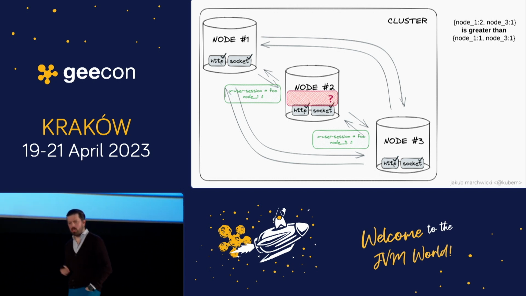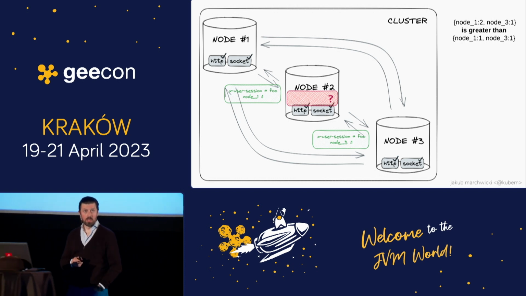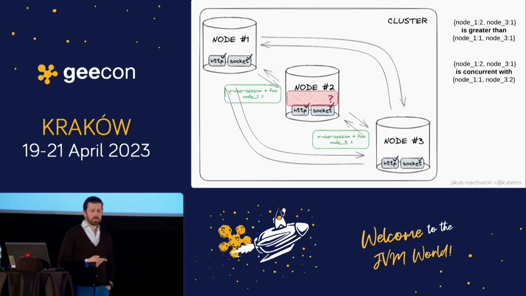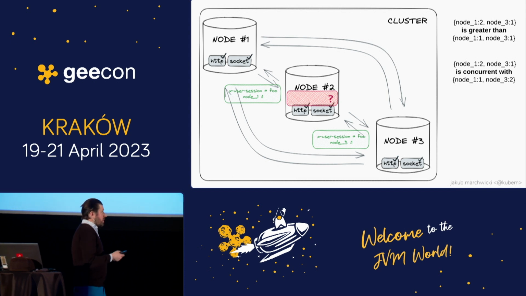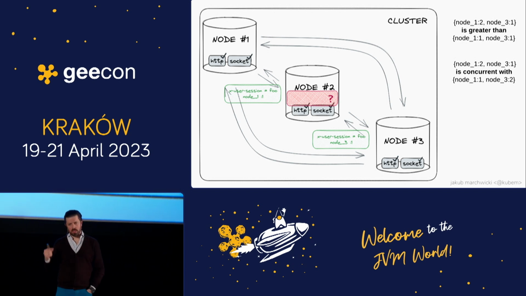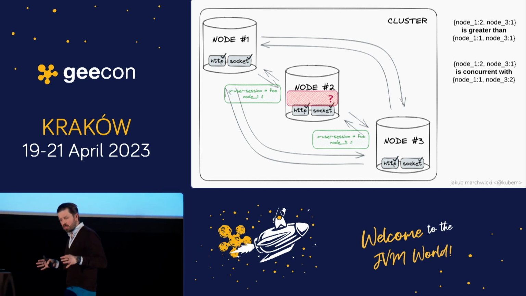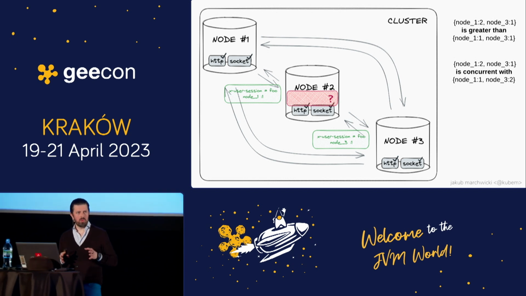So we clearly know which one is greater than the other and what is the newer update. That's exactly what we wanted. On the other hand, we know that there was a concurrent update because node 2 increased the version and node 1 increased the version. So things happen concurrently. And I have to somehow reason about it.